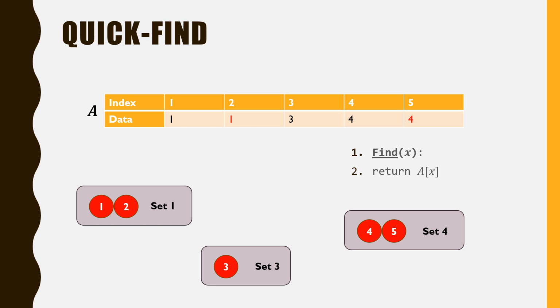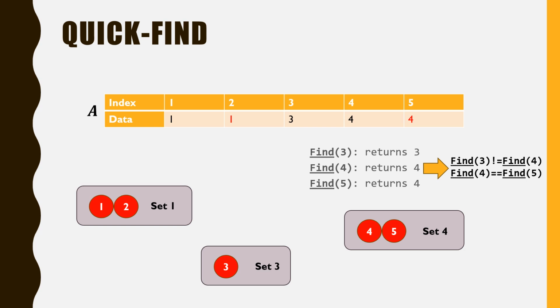From the above examples, we see that the find operation is easy to implement. To determine the disjoint set that contains the element i, we simply return A[i]. Since this lookup requires only one single array access, the time complexity for the find operation is O(1).